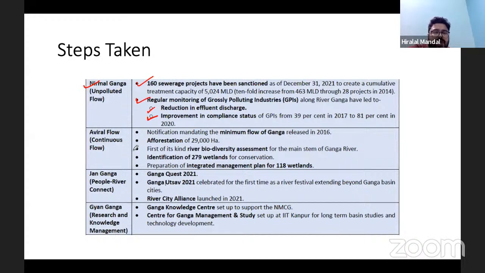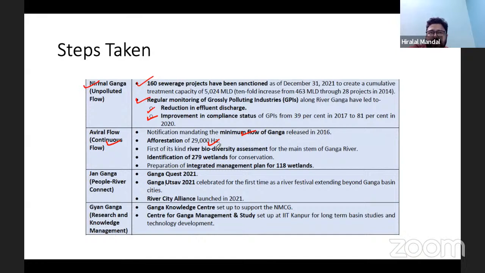Okay. Similarly, in order to ensure the continuous flow of Ganga river, you can see the minimum flow of Ganga has been mandated. For that, afforestation of 29,000 hectares of land has been done, so that no obstruction can be created on the bank of the Ganga river.